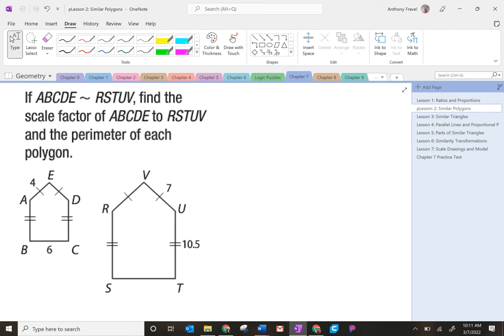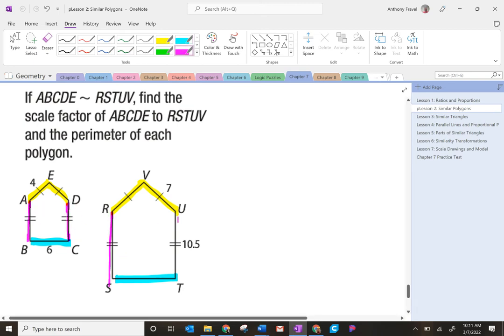Scale factor will still figure this the same way. So the sides that'll match up, these ones will all be the same length. These ones will be the same length. And then these ones will all be the same length.